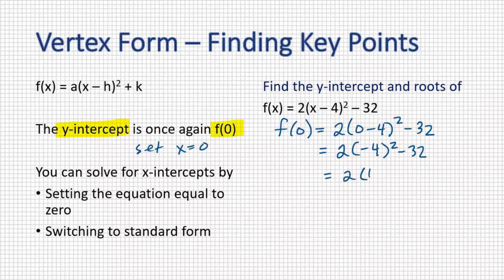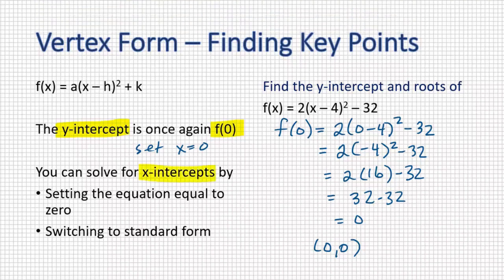Negative 4 all squared is positive 16. So we find 32 minus 32, or 0. So the y-intercept for this function is 0, or as a coordinate point, where x is equal to 0, y is equal to 0. Now let's find the x-intercepts.